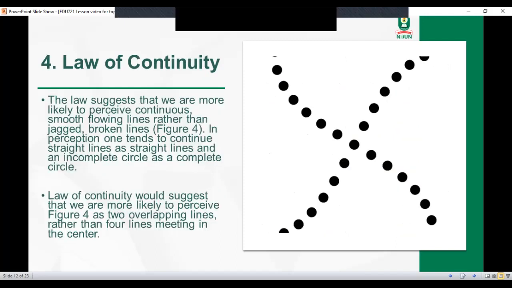This law is the law of continuity, and the law suggests that we are more likely to perceive continuous, smooth flowing lines rather than broken lines. If you look at the image here, you are likely to perceive it as flowing lines.